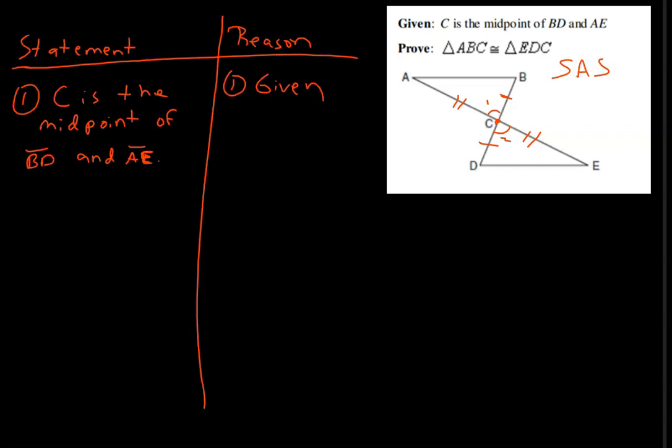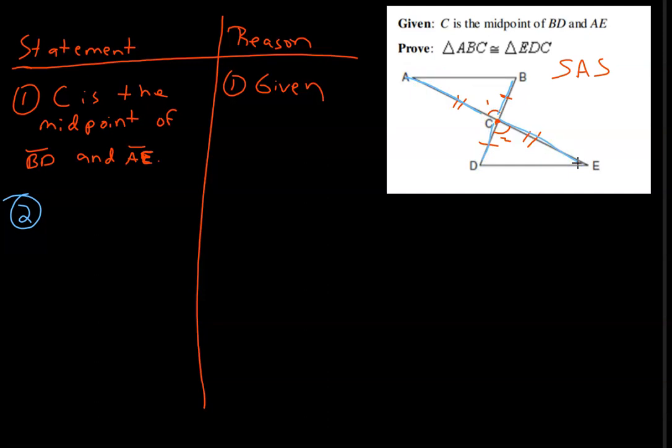Now, let's write it in the proof. All right, so that's what was given. The first thing we could assume, or we can prove, or know, that they didn't give us exactly, was that this segment was congruent to this segment, and this segment was congruent to this segment. And they didn't tell us that, but they told us it was a midpoint.